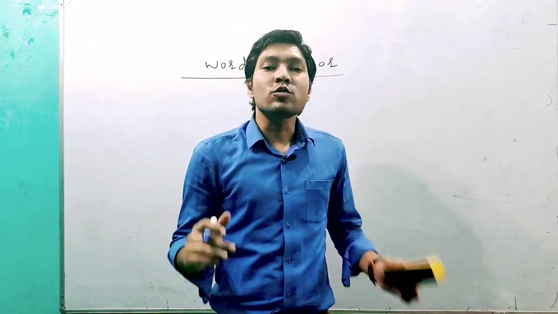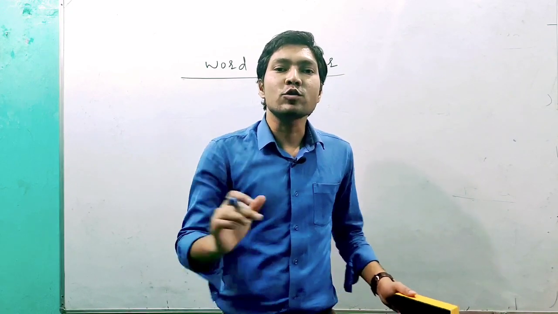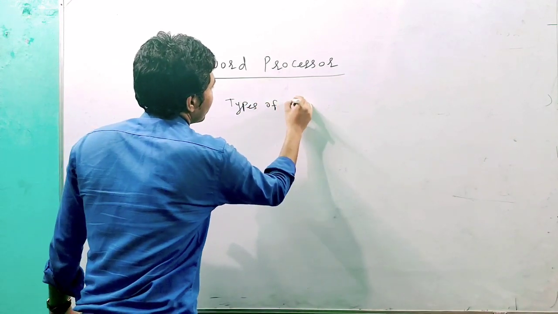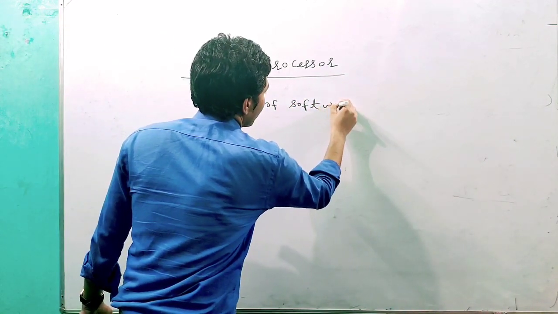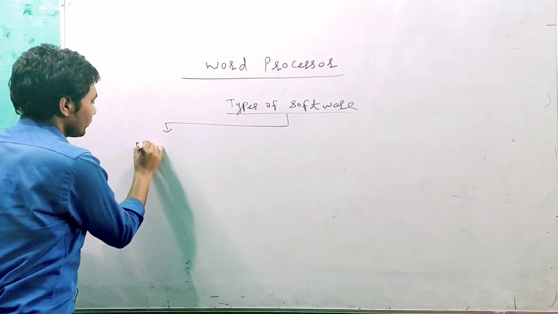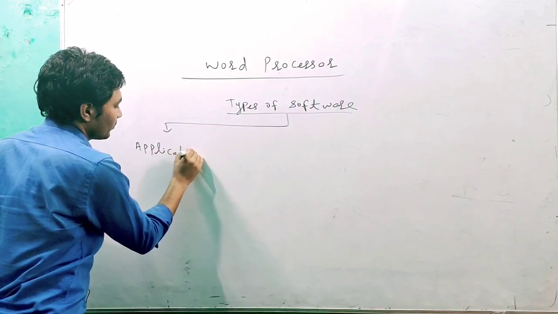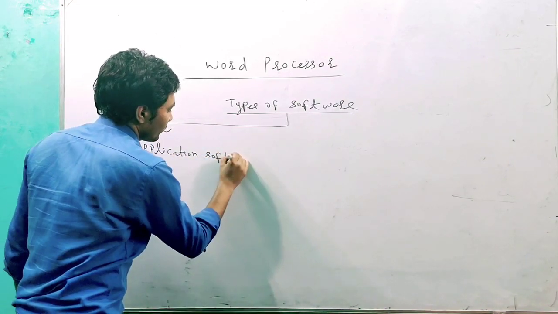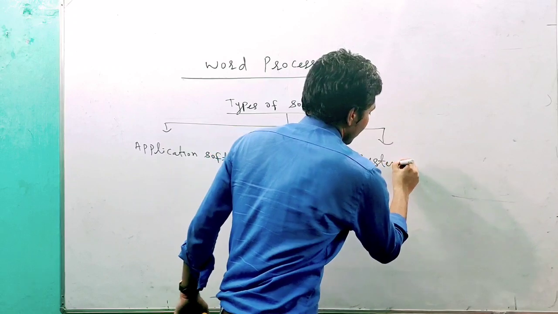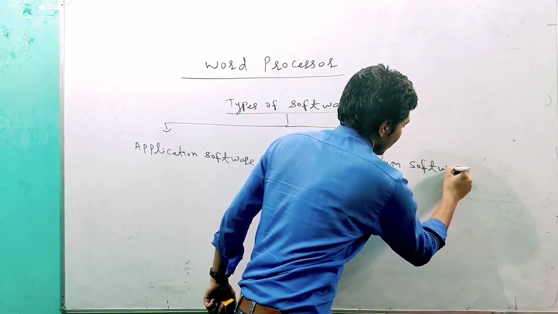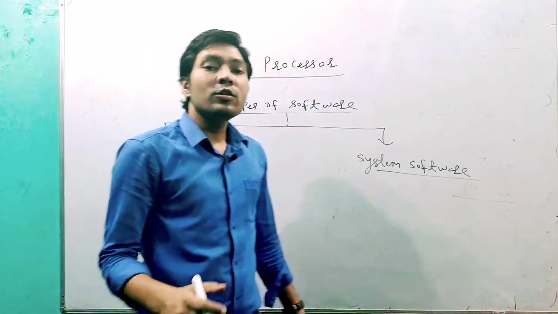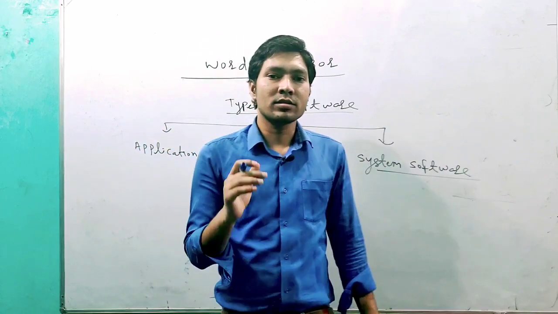Now come to the types of software. There are mainly two types of software: application software and system software.